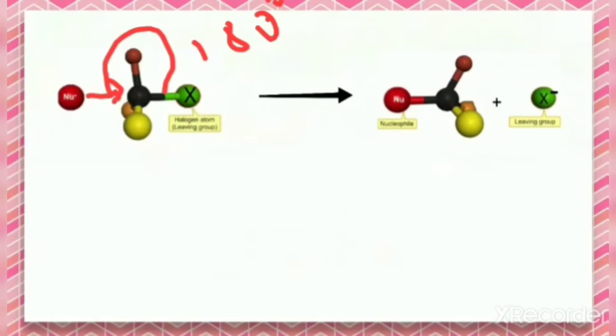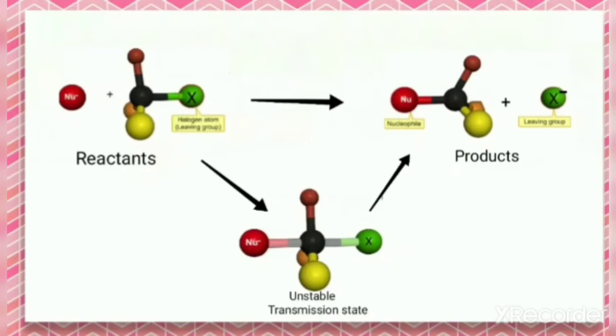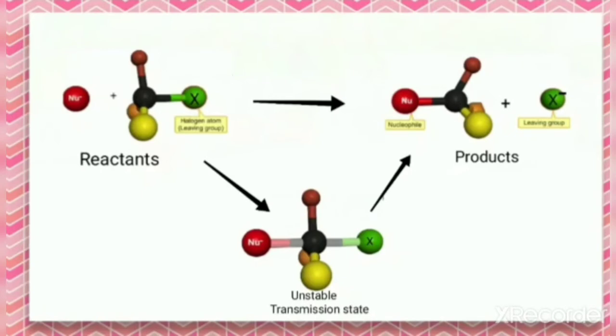So it makes a structure which is called an unstable structure, and it is called the transition state. We can say an unstable intermediate is formed. Then finally the X gets removed. This bond will break, that is the CX bond breaks, because it is unstable, and the X will be removed, that is the leaving group is removed and the product is formed.